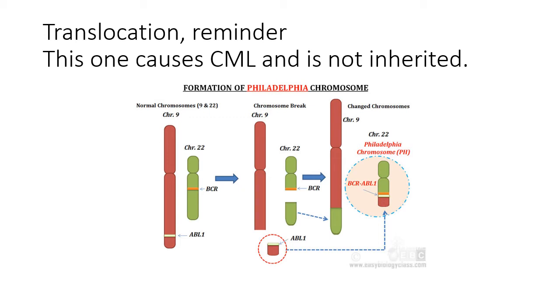So those two chromosomes, 9 and 22, have simply exchanged parts of their long arms in such a way that the BCR region and the ABL proto-oncogene are now in juxtaposition, leading to overexpression of the ABL1 gene, and this leads to the CML. So this is not an inherited translocation. It's something that happens during the person's life, but it does create problems because it activates this proto-oncogene.